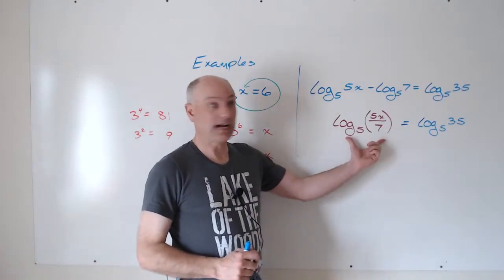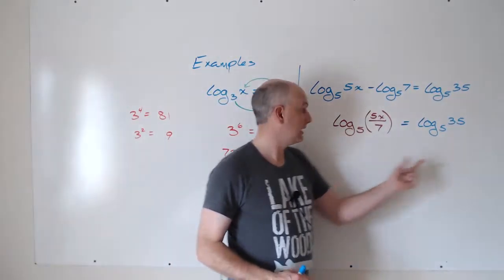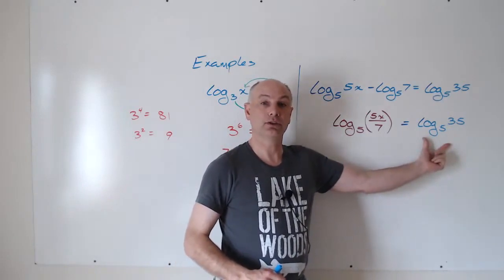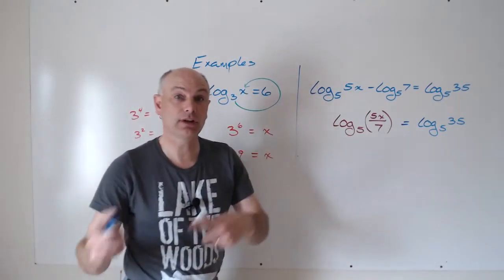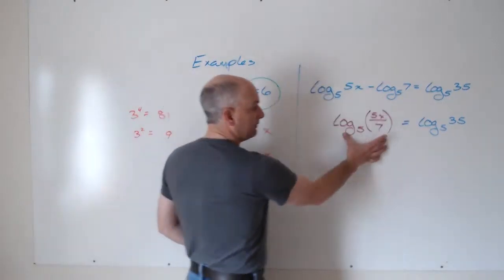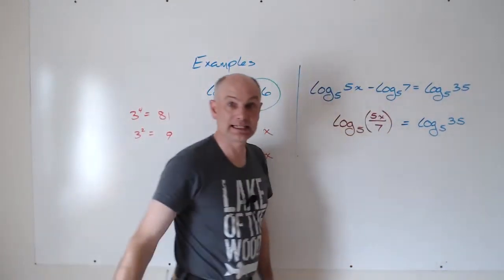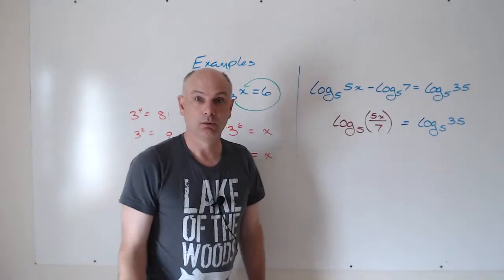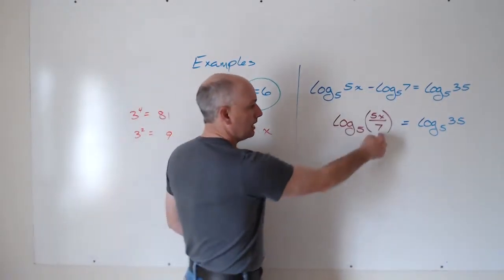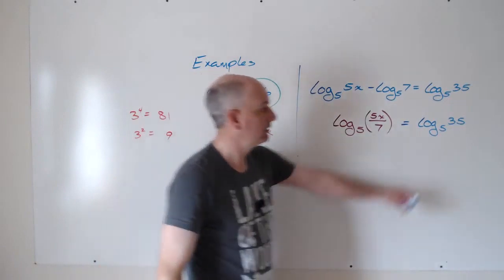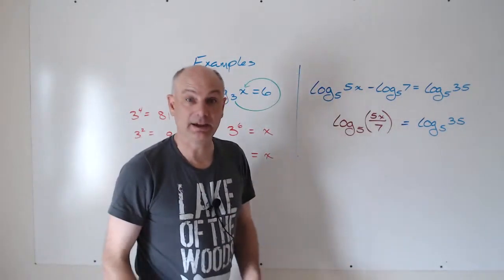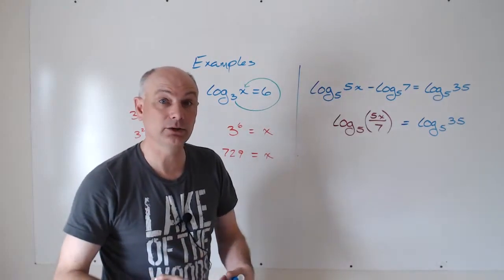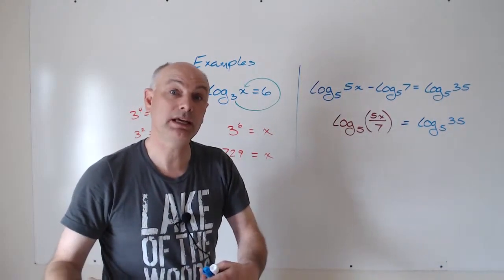If the left side is to be equal to the right side and they're both log base 5, what do you think we could say? Use your logic here. The left-hand side is equal to the right-hand side. They both contain log base 5. What would that tell us about 5x over 7 and 35? Your logic would hopefully tell you that those two parts would be equal.